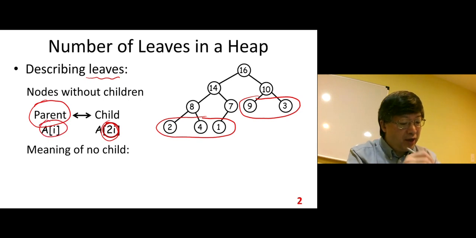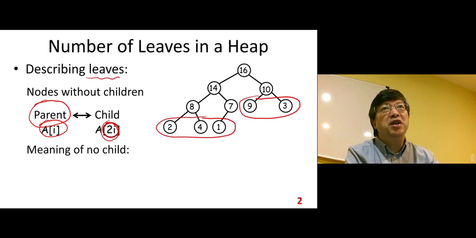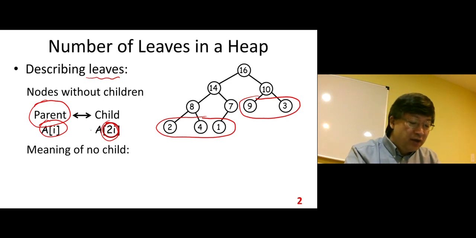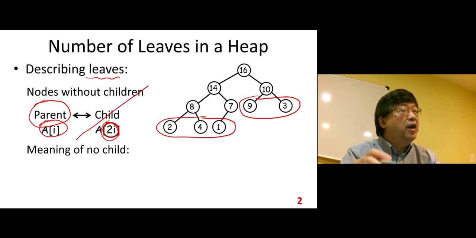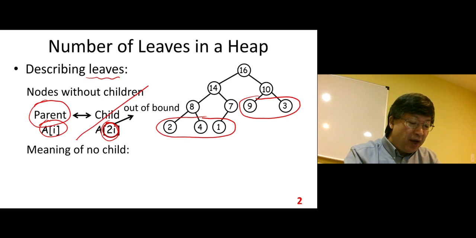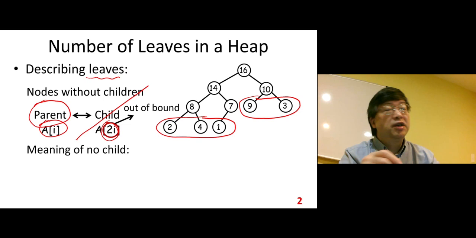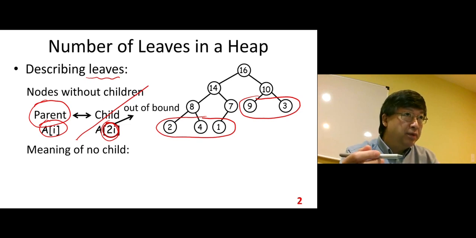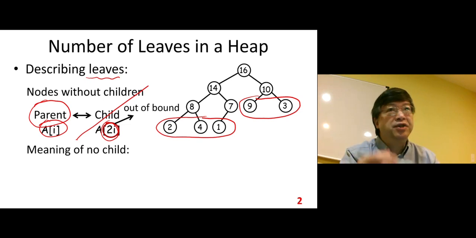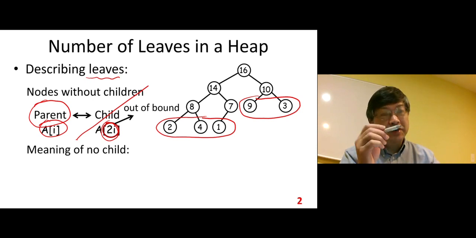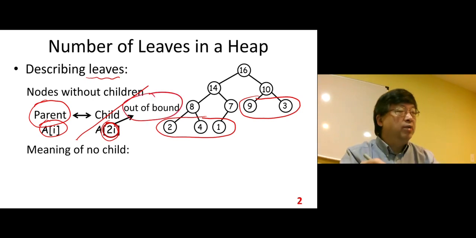If this node, let's say A of i, has no child, what's the meaning? It means 2i does not exist in the heap. Or in other words, we can say the index 2i is out of bound. If it is out of bound, you cannot find it in the heap. That means it does not exist. So this is our out-of-bound interpretation.